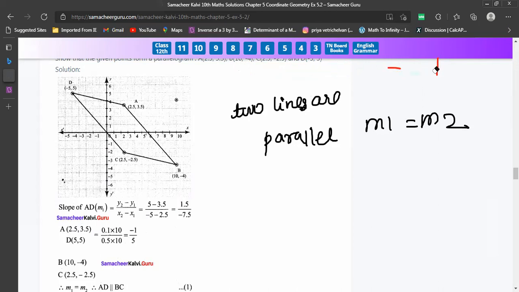And when two lines are parallel to each other, like this or this, then their slopes must be equal to each other. Okay. So in a parallelogram, from the diagram itself, we can say the line AD is parallel to line BC. And similarly, the line BC is parallel to the line AB.